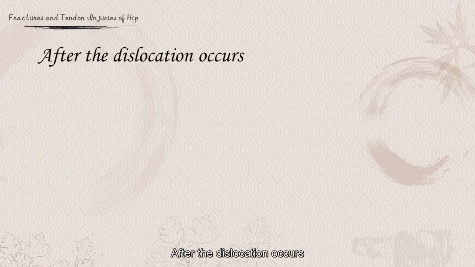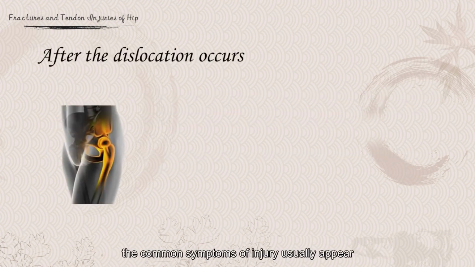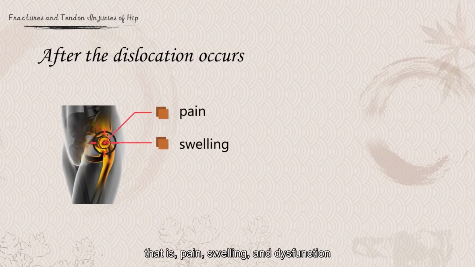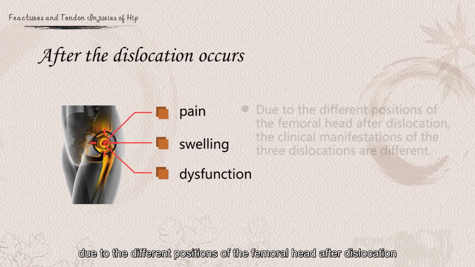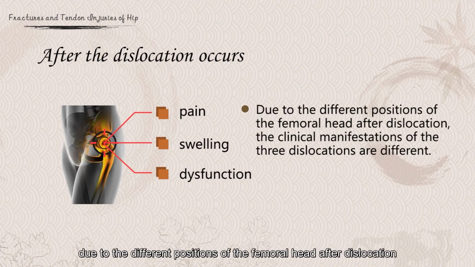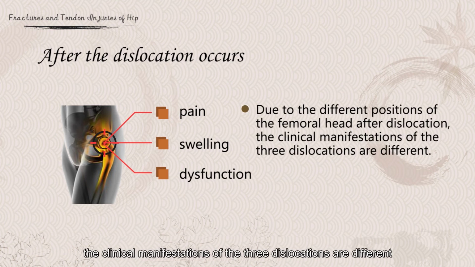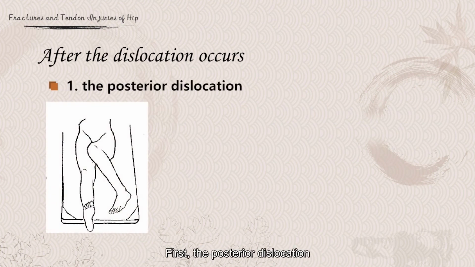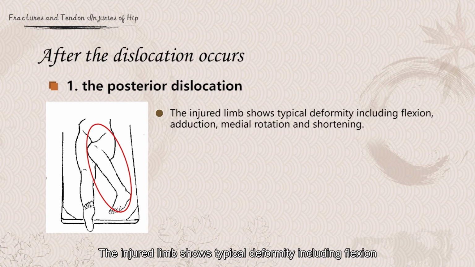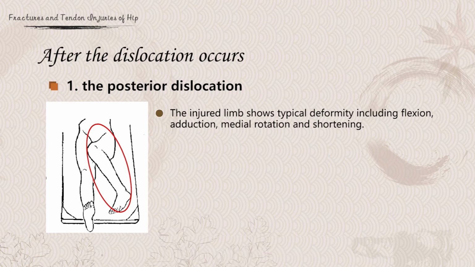After the dislocation occurs, the common symptoms of injury usually appear, that is, pain, swelling, and dysfunction. However, due to the different position of the femoral head after dislocation, the clinical manifestations of the three dislocations are different. First, the posterior dislocation. The injured limb shows typical deformity including flexion, adduction, medial rotation, and shortening.